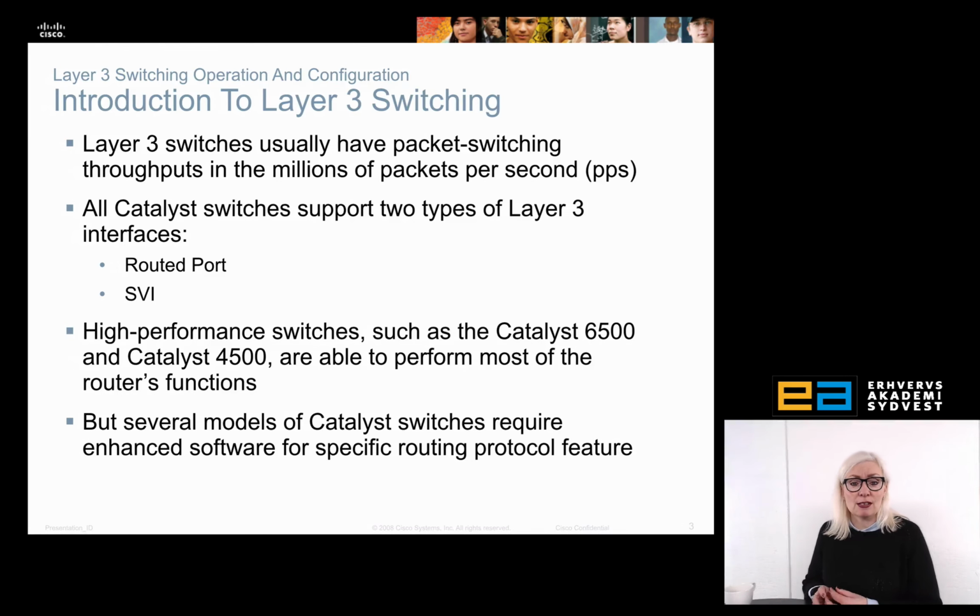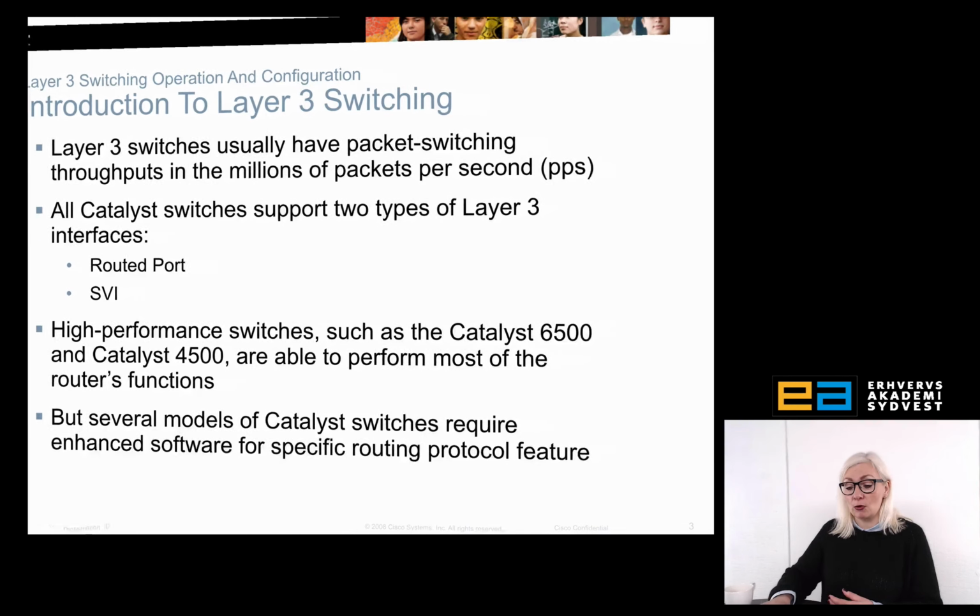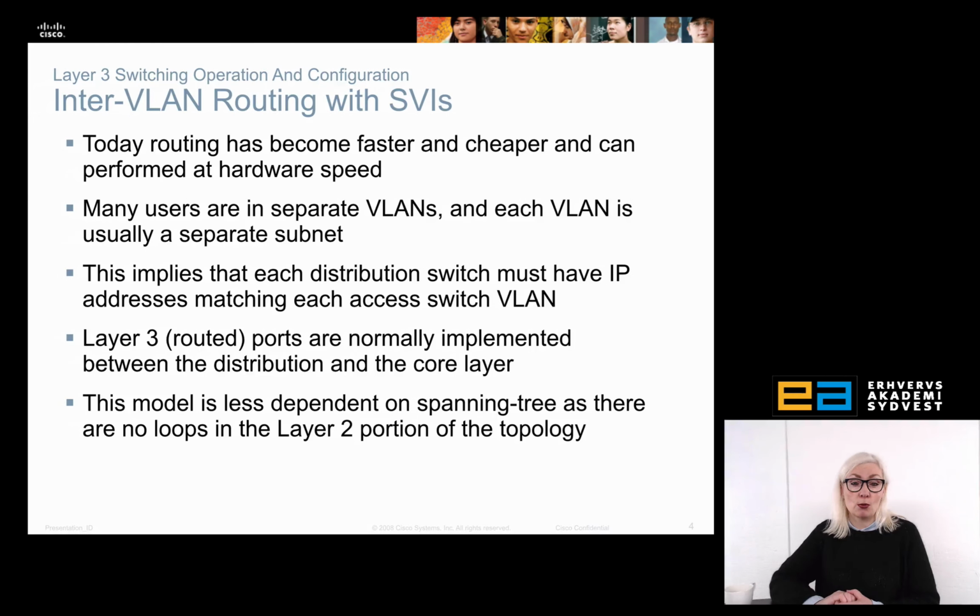You can also just create the switch virtual interfaces and thereby route traffic between the different VLANs. So either you use switch virtual interfaces, or you use routed ports, or create a routed port of your interface.